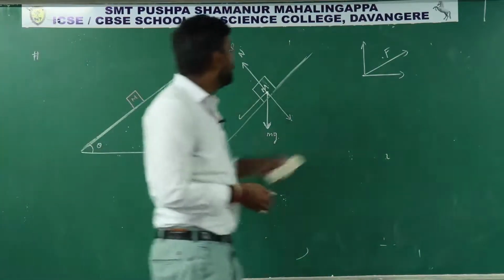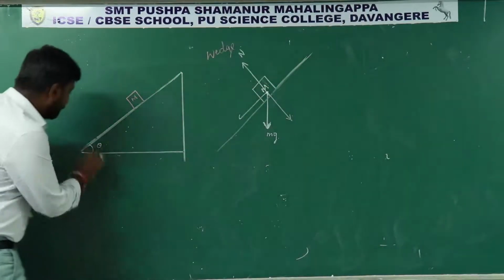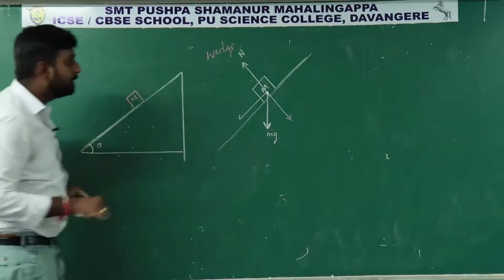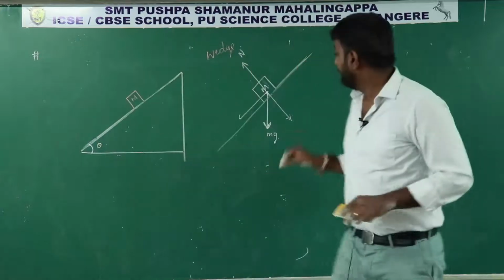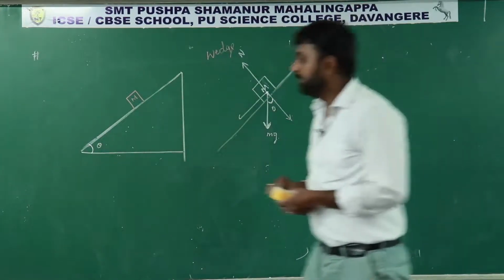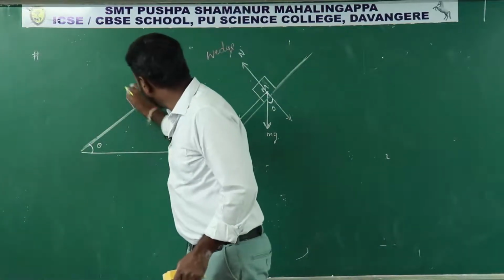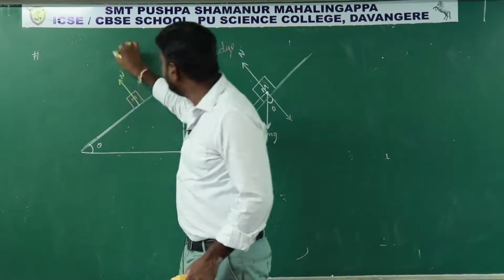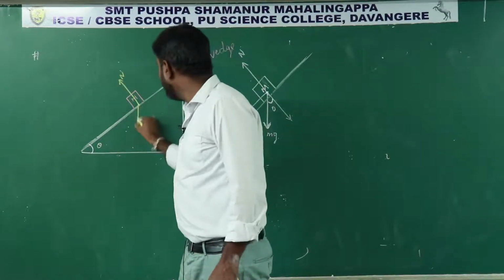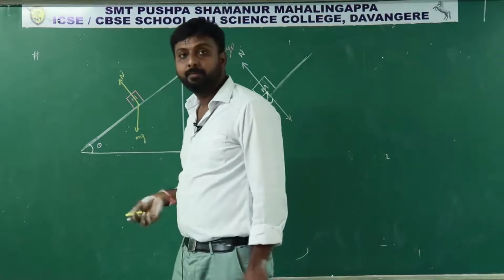Then in this diagram, this angle is theta, so this angle also comes to be theta. The normal force acts normal to the contact surface and weight acts vertically downward; both are not balancing now.